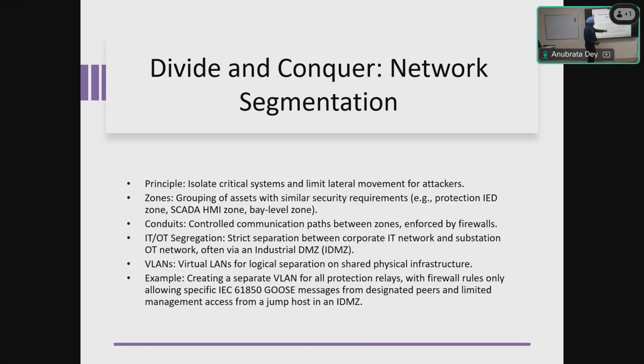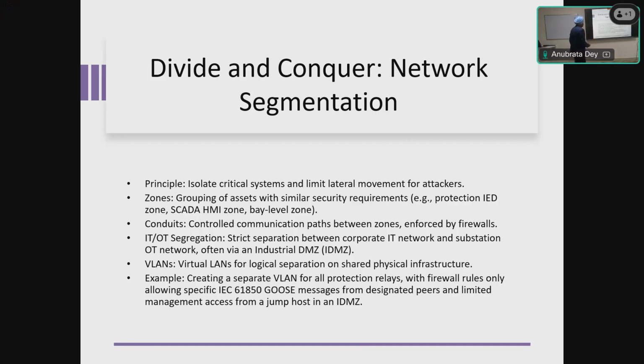And setting up virtual LANs. Physical separation of the local area network is better, but sometimes it may not always be possible. Now you can set up virtual LANs. Even if everything is on the same local area network, within that you can set up virtual LANs. It's better than no segregation.